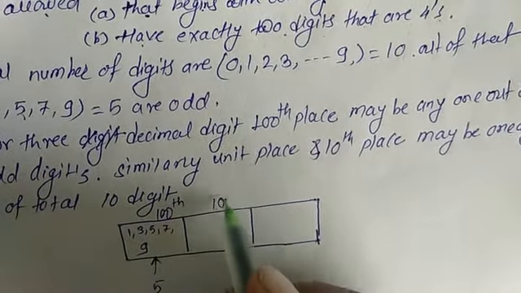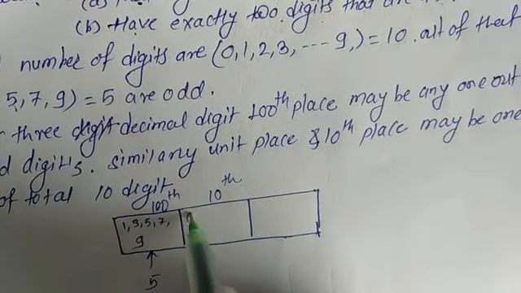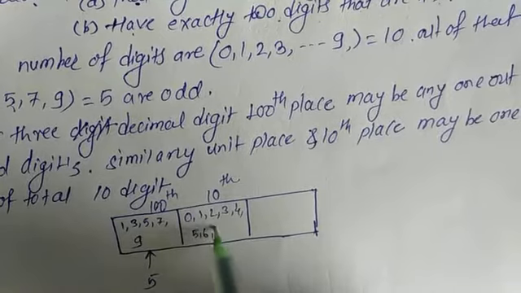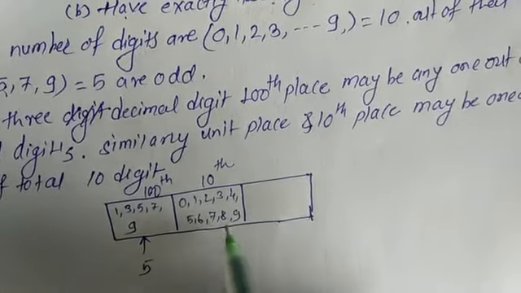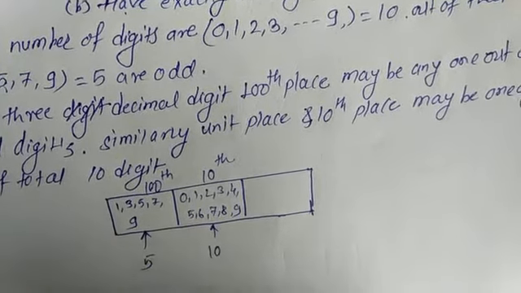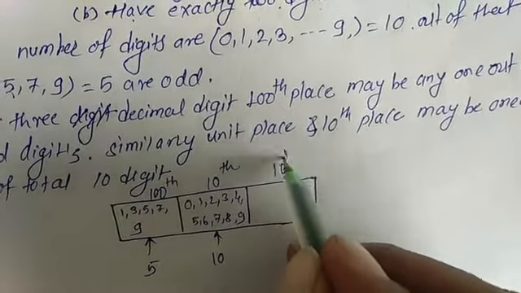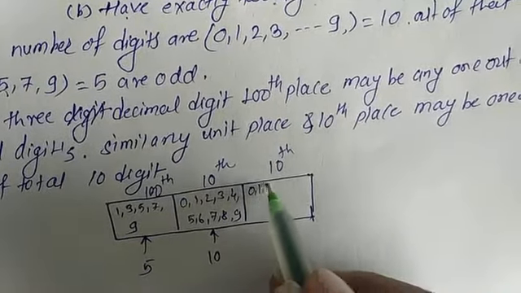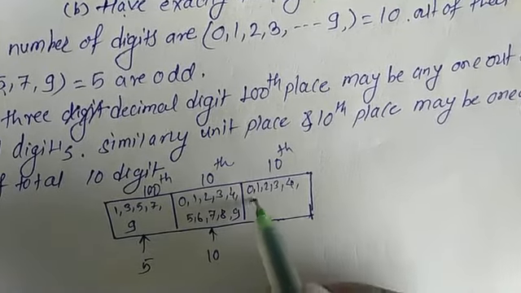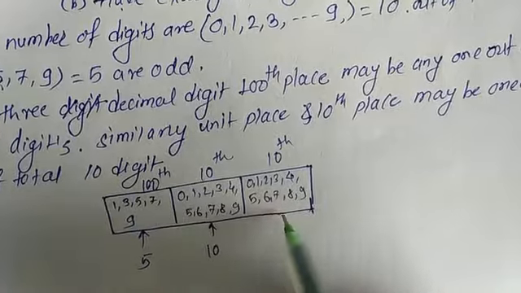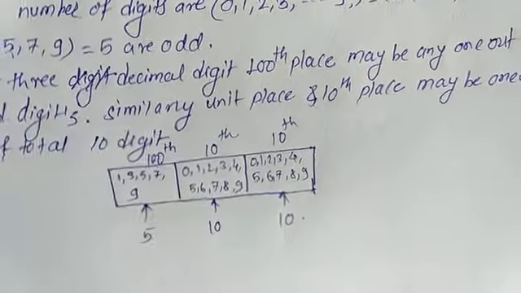Okay, so for the 10s place there are possibilities 0, 1, 2, 3, 4, 5, 6, 7, 8 and 9. Because repetition is allowed, there are 10 choices for the 10s place. And for the unit place also repetition is allowed, so we can write 0, 1, 2, 3, 4, 5, 6, 7, 8, 9. So there are again 10 choices for the unit place.